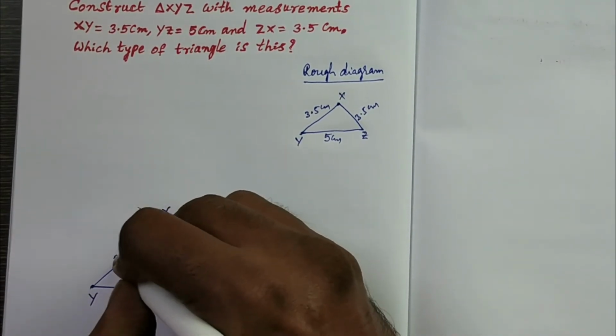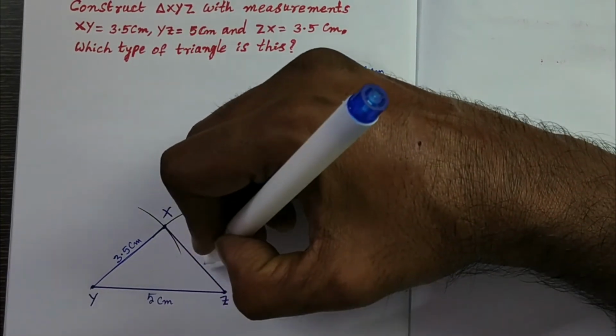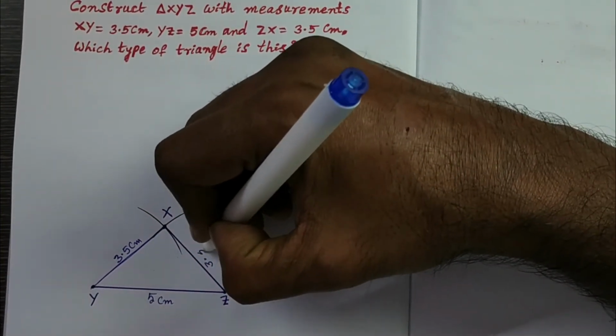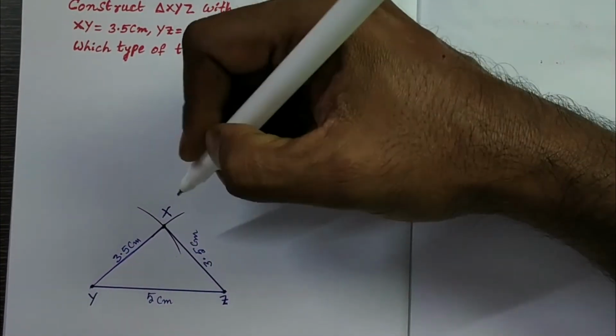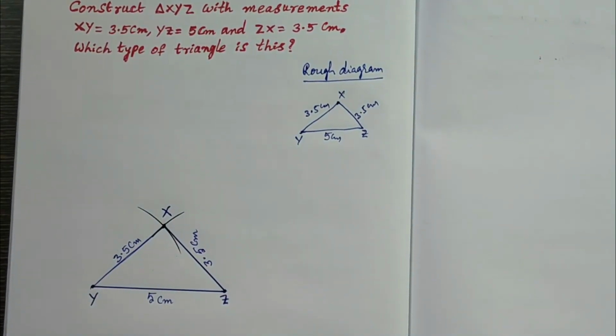XY is 3.5 centimeters and XZ is also 3.5 centimeters. So this is the construction of the given triangle.